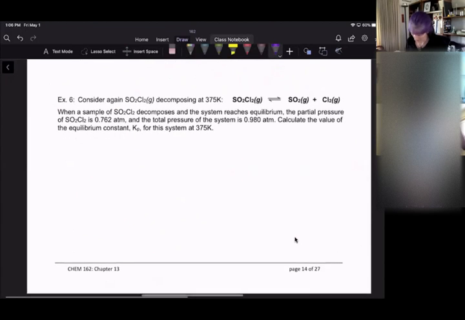Okay, let's do another one. All right, so at equilibrium, and then the total pressure.